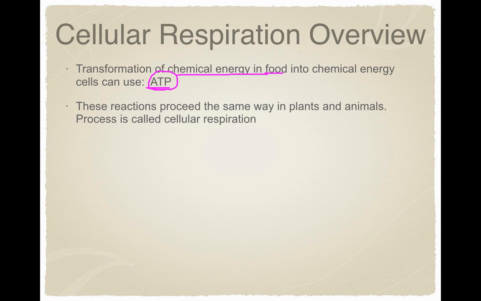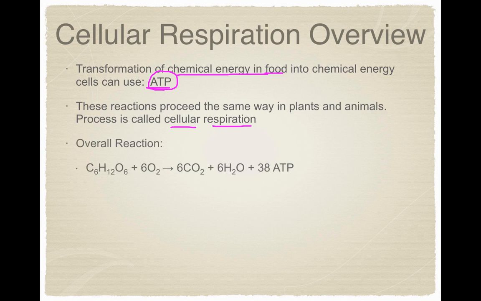The reactions proceed in the same way in plants and animals, and the process is called cellular respiration. The overall reaction is as follows. Again, we have glucose, 6 oxygen, and it yields 6 carbon dioxide, 6 water, and a maximum amount of 38 ATP.